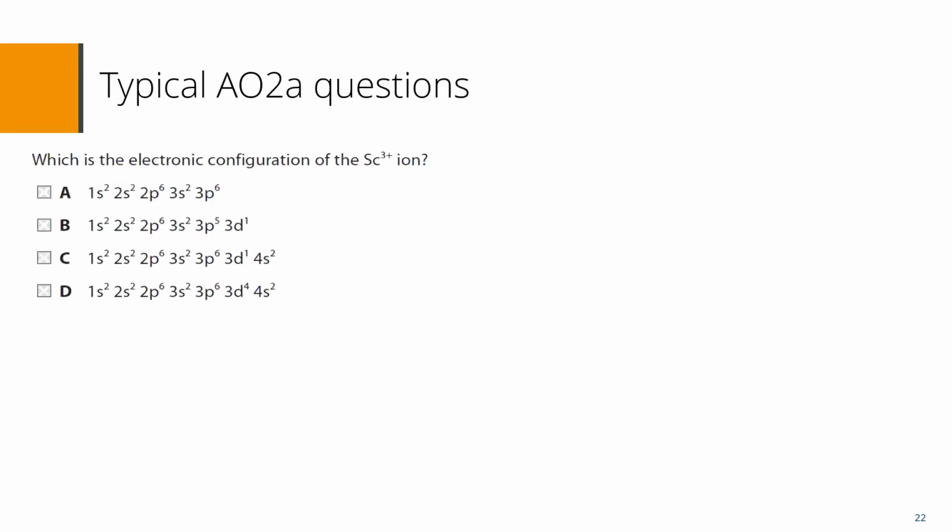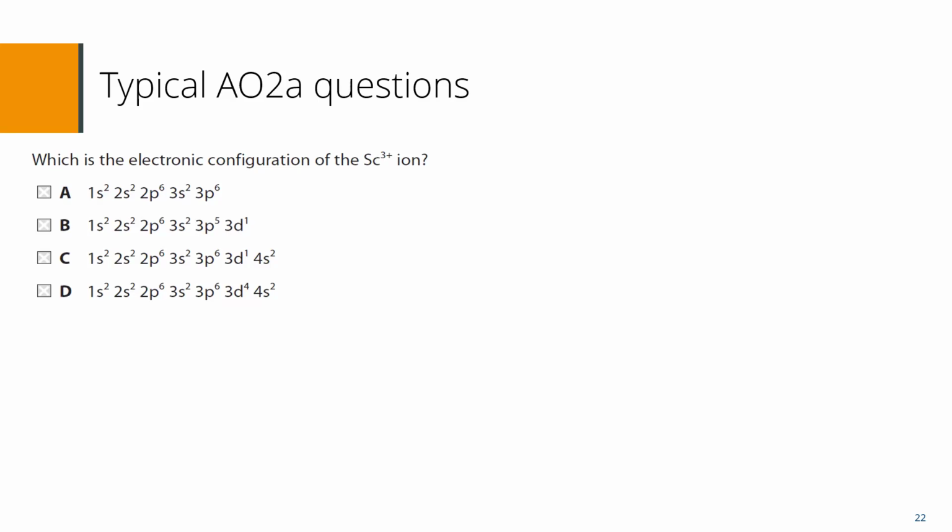AO2A, there's a typical question. What is the electronic structure of the scandium 3+ ion? Well, that is not a "know" statement in the specification, but of course they do need to know the electronic configuration of the scandium atom, and therefore they need to know which 3 electrons are removed when you form the scandium 3+ ion.